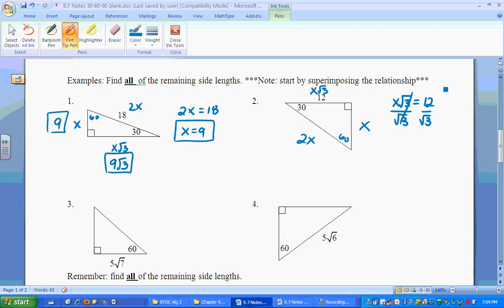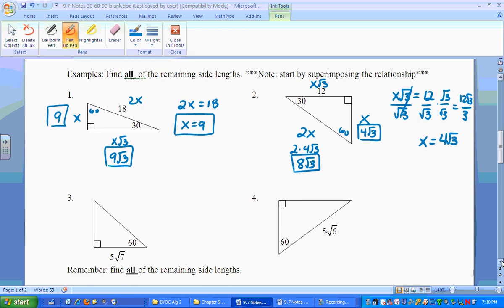So what do you do? You multiply top and bottom by root 3, and you get 12 root 3 over 3, and now you decide, does the 3 go into the 12? And it does, giving you 4 root 3. That's equal to x. So this side here is 4 root 3. This side over here, you had 2 times 4 root 3, giving you 8 root 3.